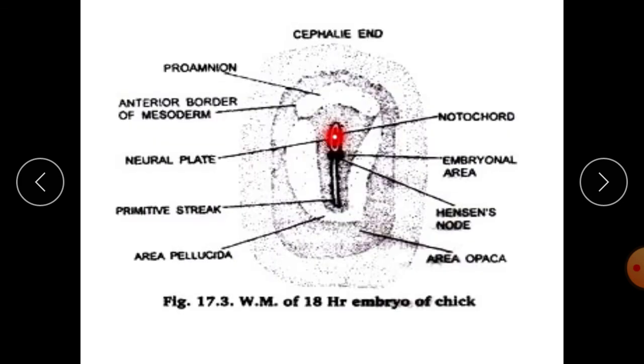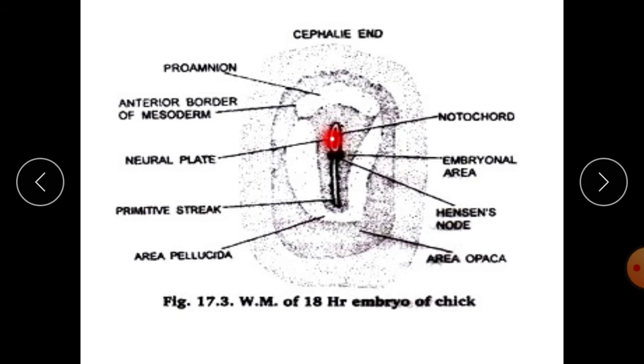So this is the neural groove bound by neural folds. So the nervous system starts to develop from here to here. This part is the nervous system. Not this one. This is the neural plate.